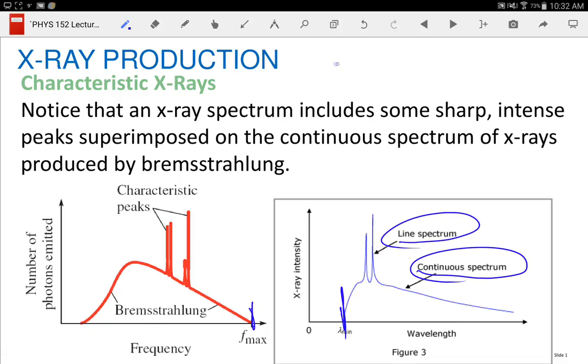And so, since the energy of a photon is E equals hf, or frequency is c over lambda, so hc over lambda, then we can say, okay, if the kinetic energy was, let's say, 100 kiloelectron volts, hc over lambda, I could calculate what the wavelength is, or I could calculate the frequency.